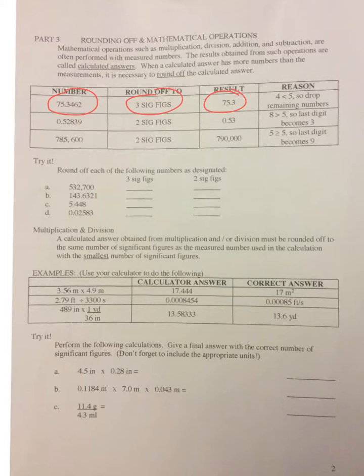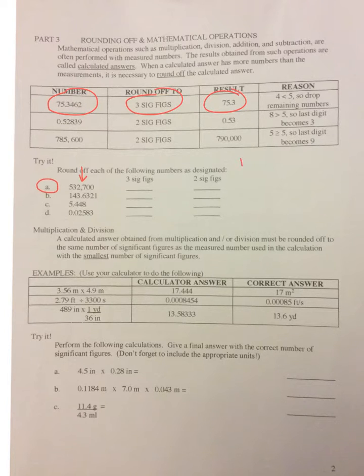Now we're going to do part A together. They want you to round that number to 3 sig figs, and then to 2 sig figs. If you round it to 3 sig figs, we look 1 digit past it, and it's a 7. So that means we're going to round up.